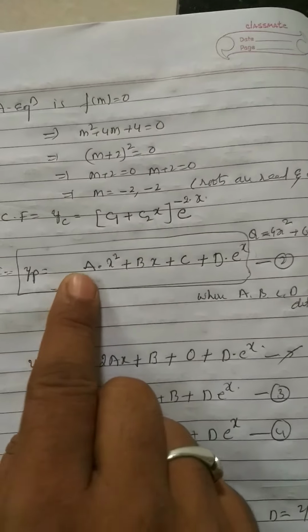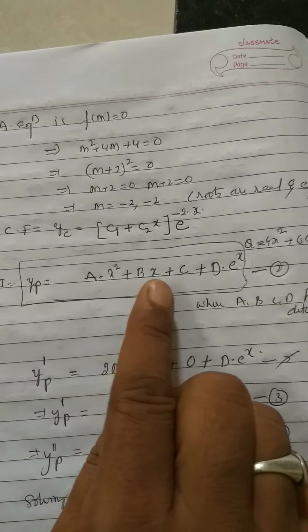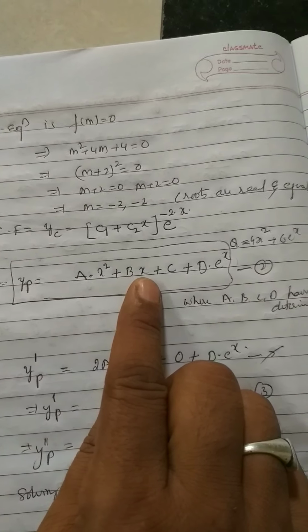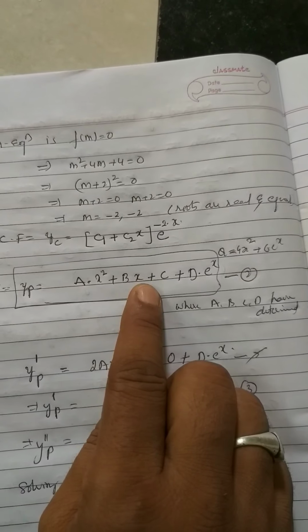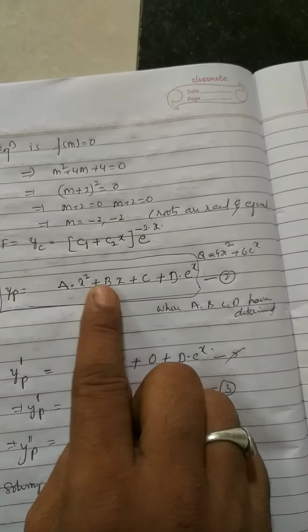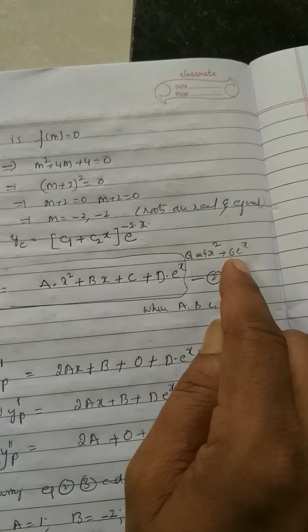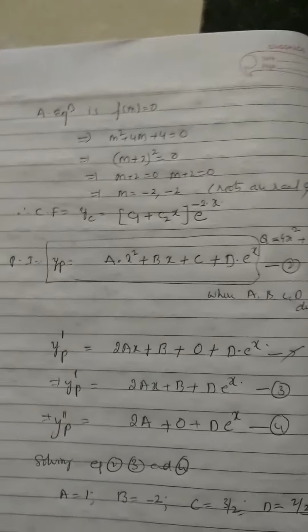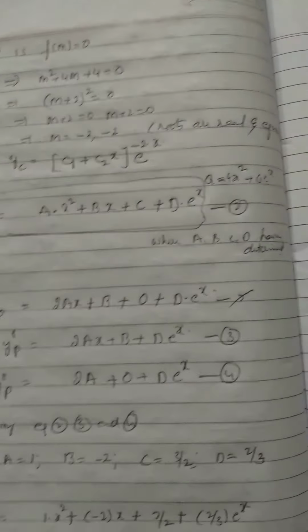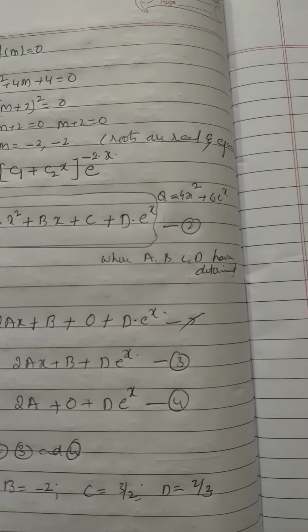Now we write the linear combination: a into x square plus b into its derivative 2x, again neglecting the coefficient, x only, plus c into the derivative of this one, 1, plus d into, neglecting the coefficient, e power x, plus e into the derivative of e power x, which is e power x, and repetition is not allowed, therefore leave it like that only, right?